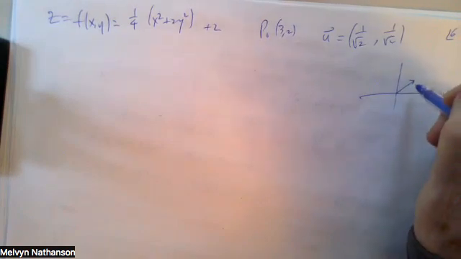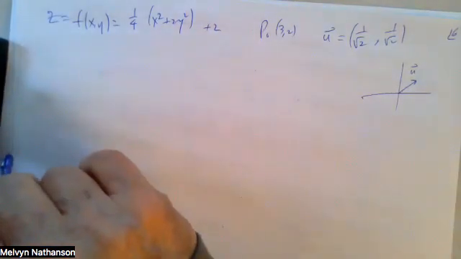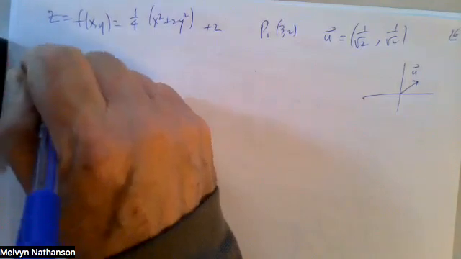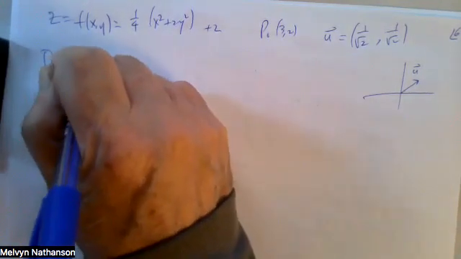So that's just a unit vector in this direction. That's u. And I want to compute the directional derivative of f in the direction u at the point (3, 2).